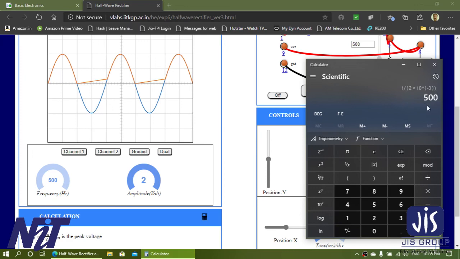You will get 500 Hz. Okay, as we already set our frequency at the function generator to 500 Hz, that proves it.